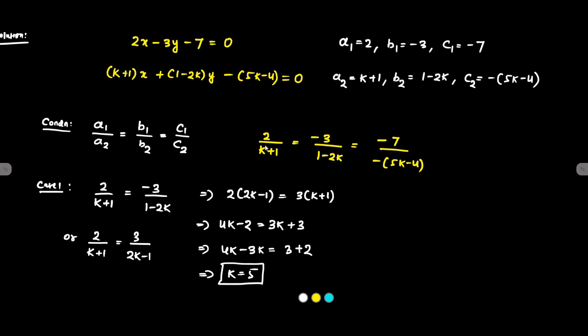Now this is by comparing the first two, a1 by a2 equals b1 by b2. Now let us do the other thing, that is comparing minus 3 by 1 minus 2k with minus 7 by minus 5k minus 4. Let us see whether we are getting the same answer or not.